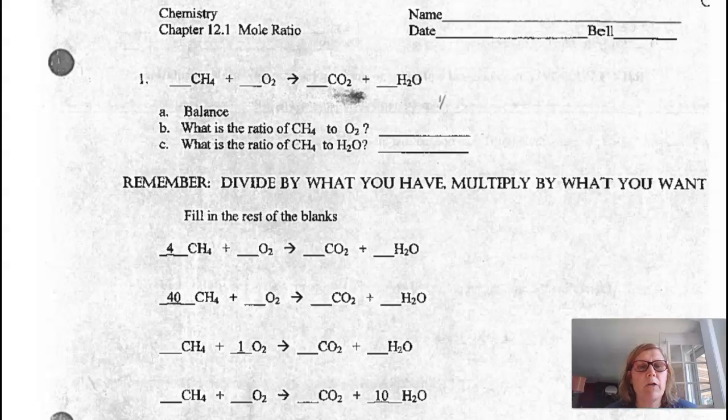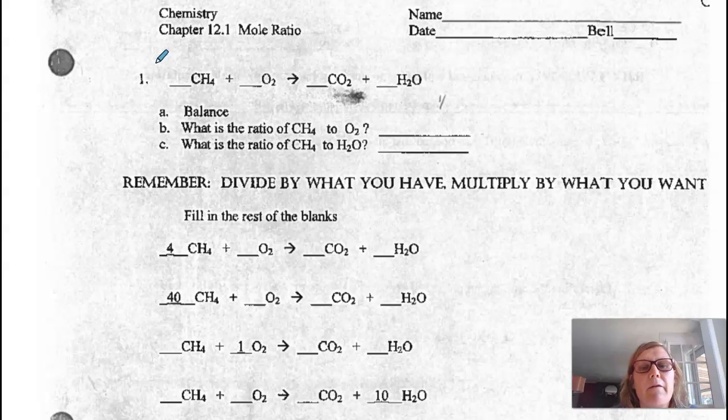This is worksheet number 1 in your homework, with the equation CH4 plus O2 yields CO2 and H2O. I'm going to do some of the problems with you, and then you're going to finish the rest on your own, and I will put the answers on Google Classroom.